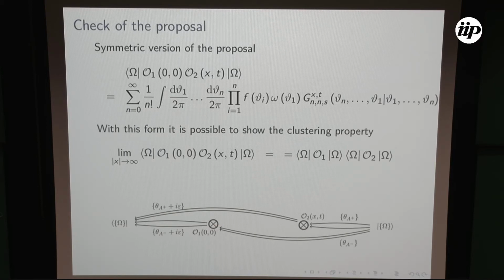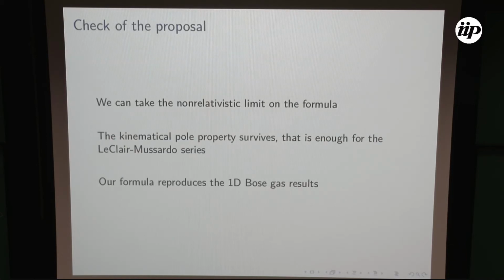In this way, the two are going to separate into the product of two LeClair-Mussardo series for the one-point function. So this is also an important cross-check that it's valid. You can also take the non-relativistic limit of the formula and check previous known results, for the 1D Bose gas calculation, and everything seems to work properly so far.